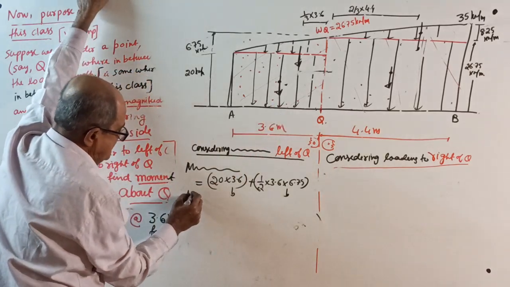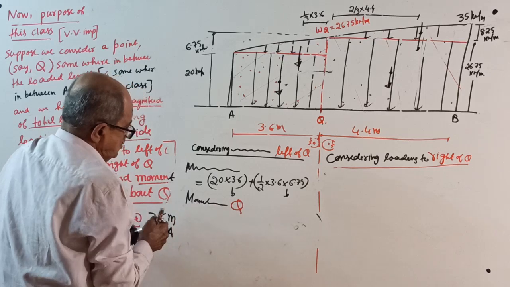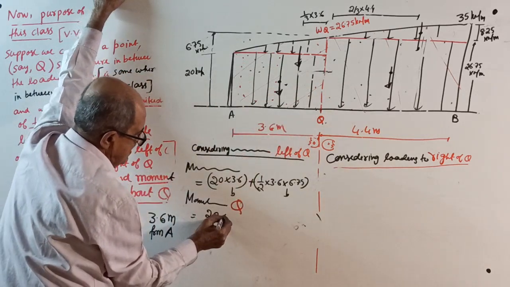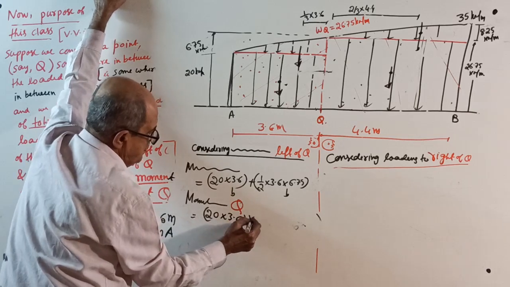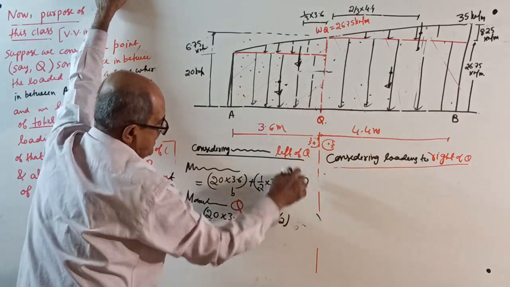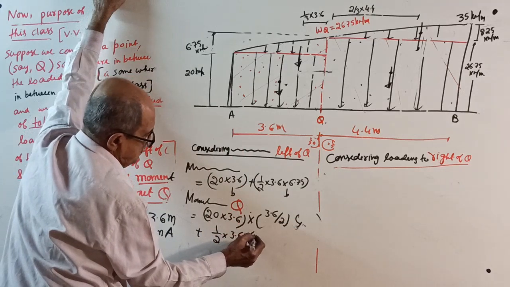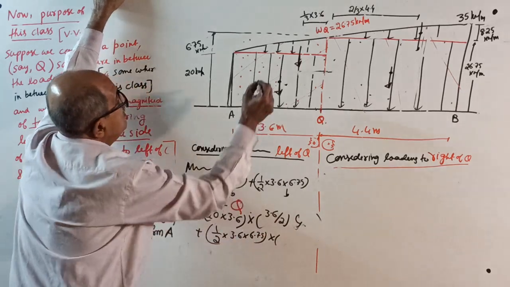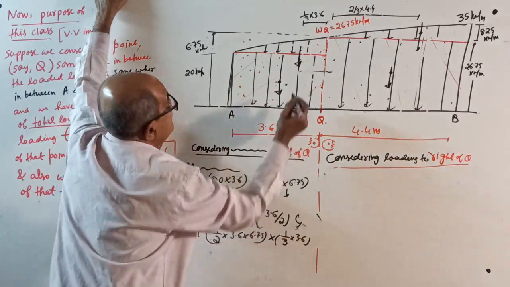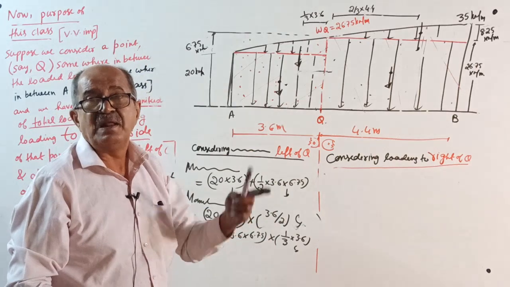And moment about Q we want equal to this load 20 into 3.6, UDL, multiplied by center 3.6/2, that is anti-clockwise. Once again, half into 3.6 into 6.75 into this distance, which is 1/3 of 3.6. This is also anti-clockwise. Compare the answer with the last time, the direct trapezium formula.